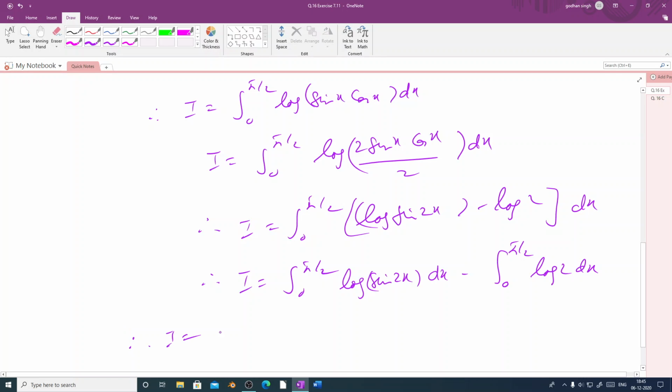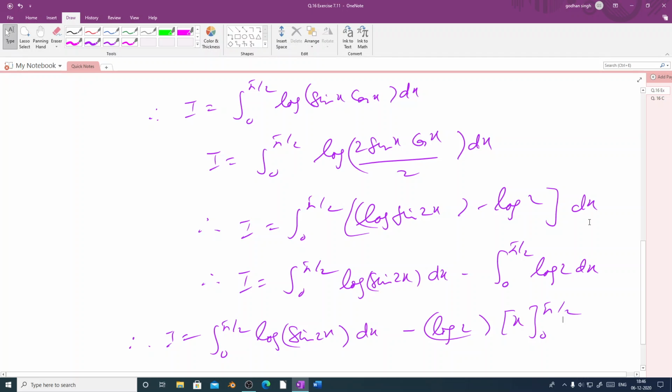Therefore I equals the integral from 0 to pi by 2 of log sin 2x dx, minus log 2 times, and the integration of 1 is x, so we write x with limits 0 to pi by 2.